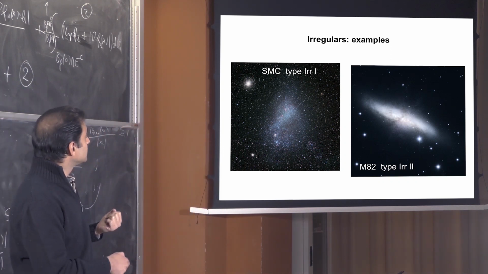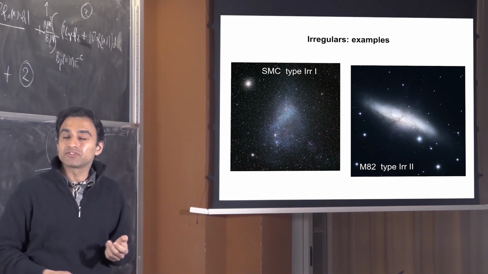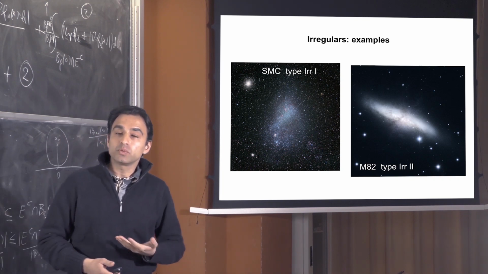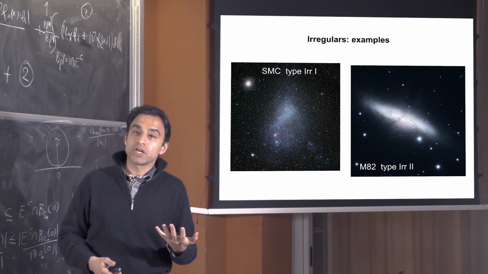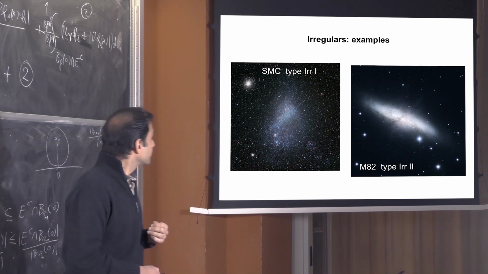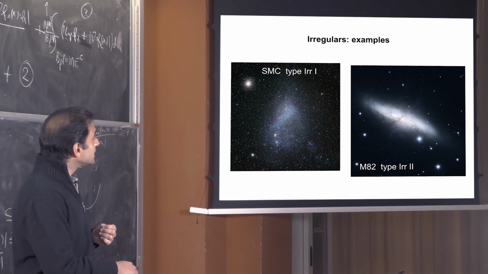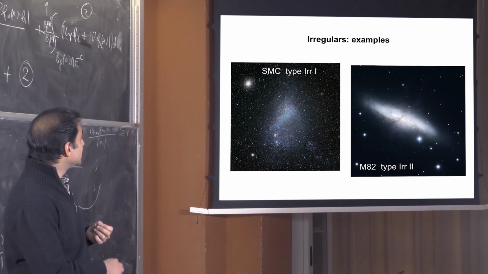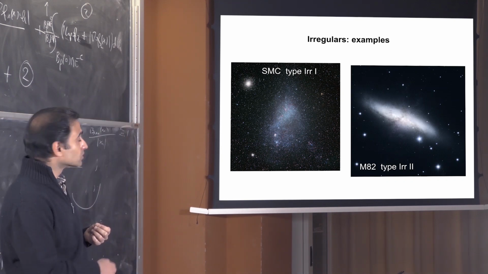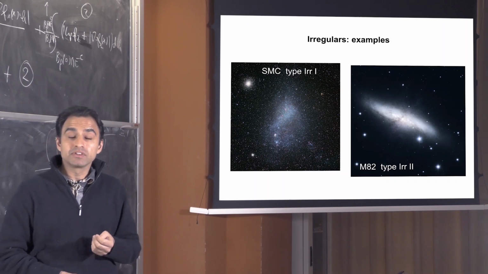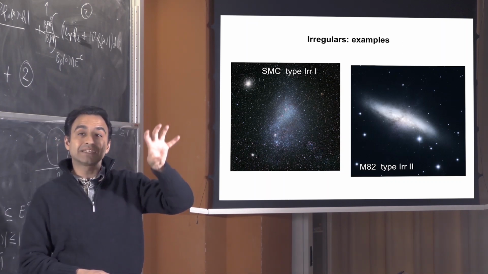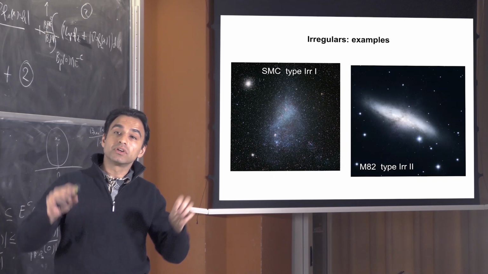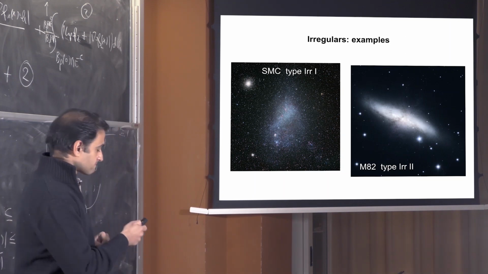Vice versa, type 1 galaxies are kind of quiescent galaxies, in which their rate of star formation is extremely low. But definitely both of them have no clear morphology. This is the so-called Small Magellanic Cloud, which is a dwarf galaxy in the neighborhood of our own Milky Way.